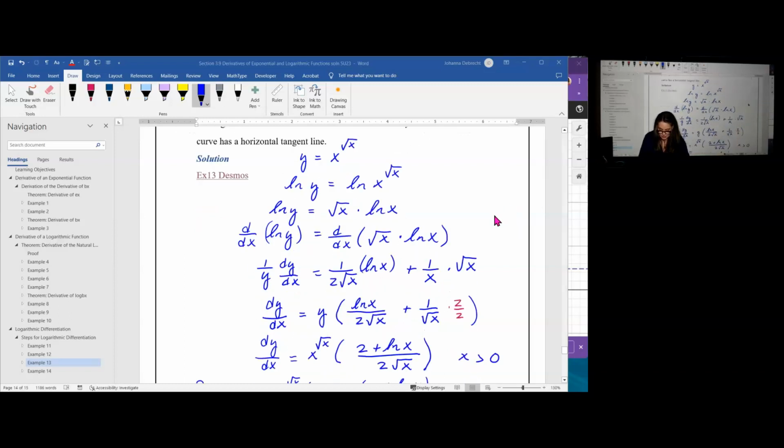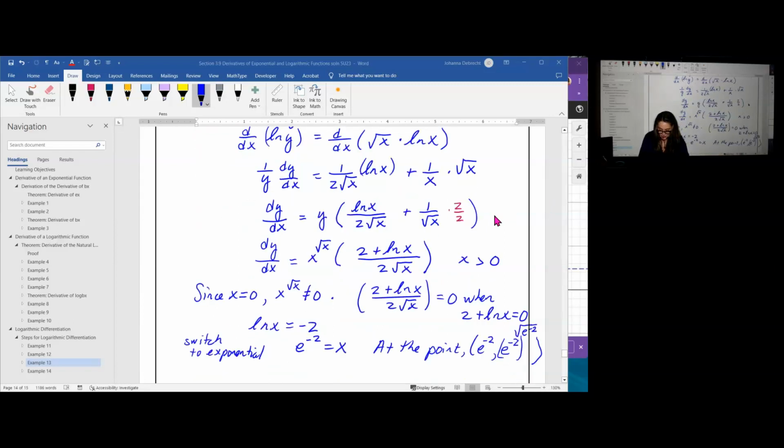The next thing I did was I decided I wanted to go ahead and have a common denominator. So I multiplied the second term by 2 divided by itself. That gave me a common denominator of 2 square root of x and 2 plus natural log of x in the numerator. I cannot cancel the 2 because the natural log of x does not have it as a factor. I move the y to the right and replace it with x to the square root of x.